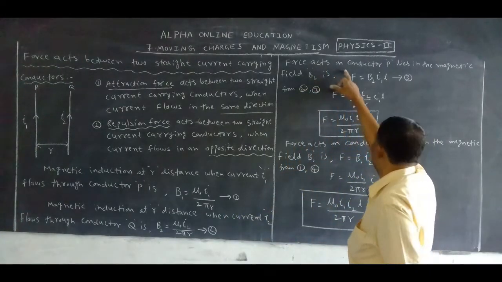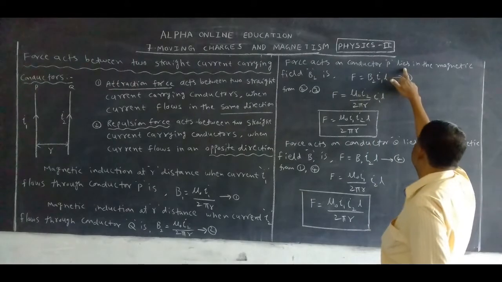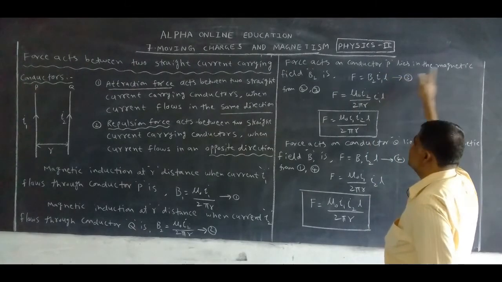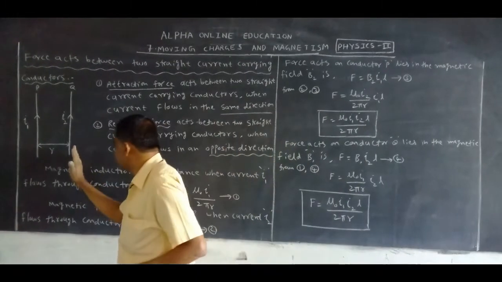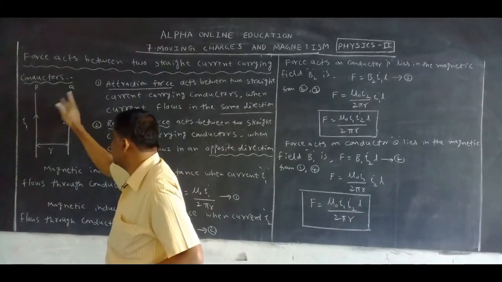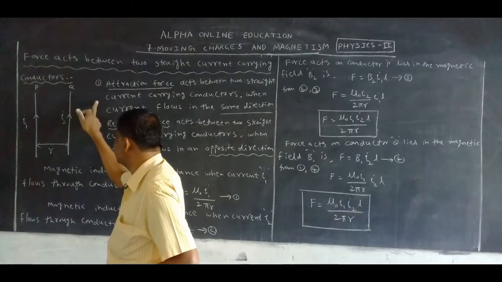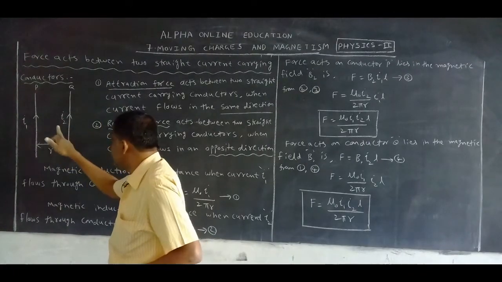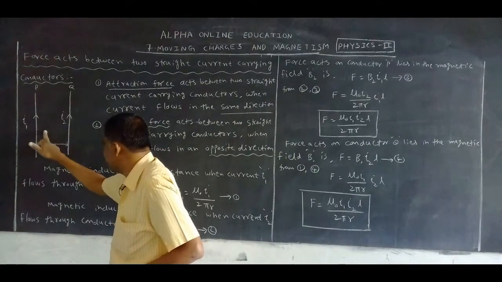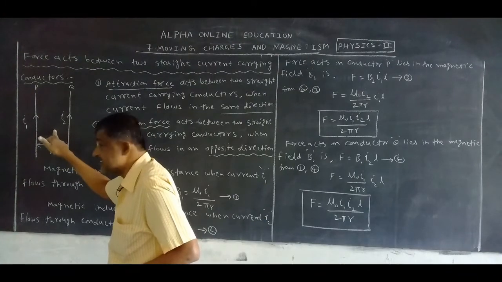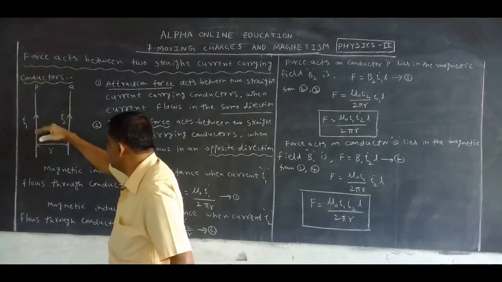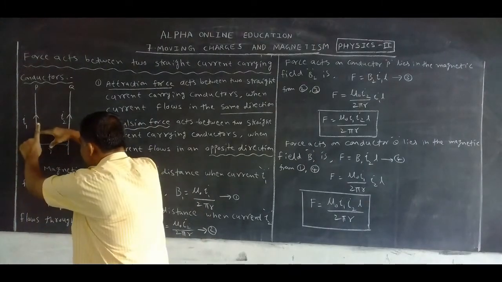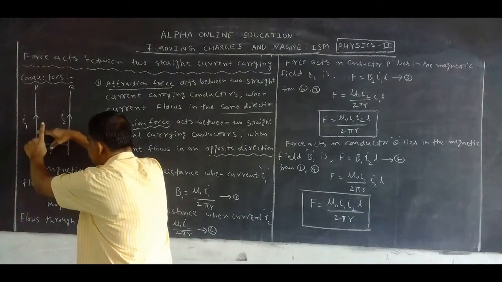Now, the force acts on conductor P lying in the magnetic field B2. When current is passing through the conductor, it produces a magnetic field around it. Here the magnetic field B2 is in this direction and the current is in this direction.